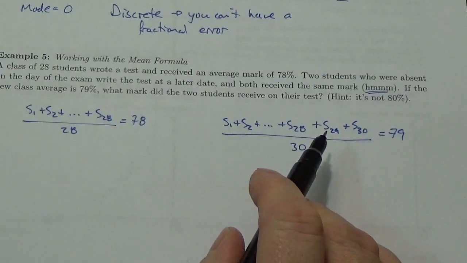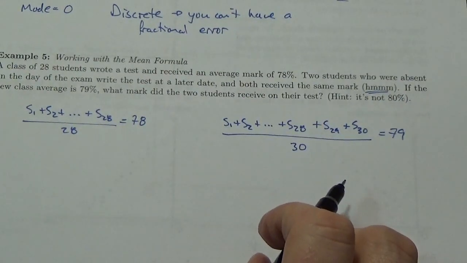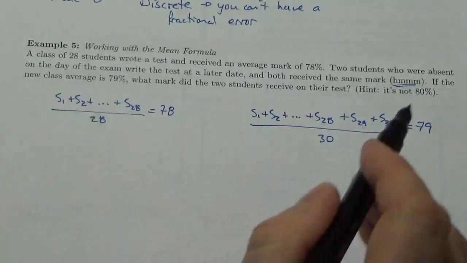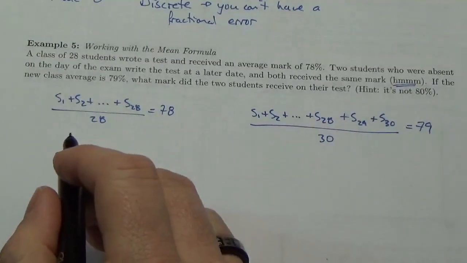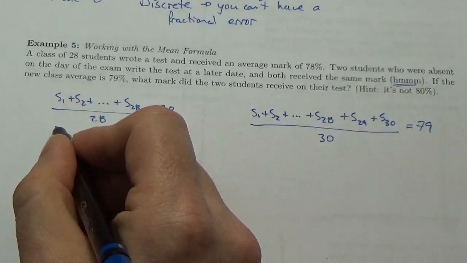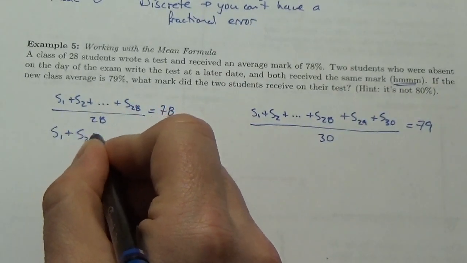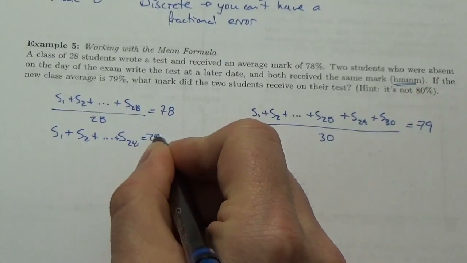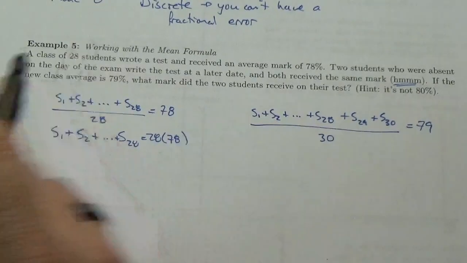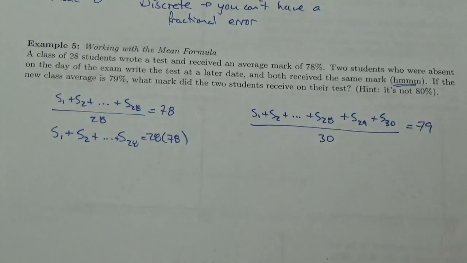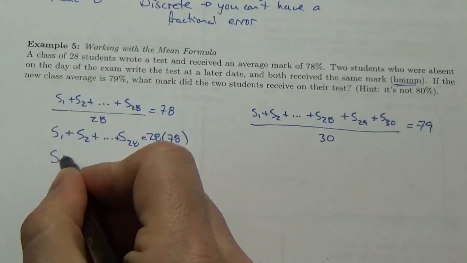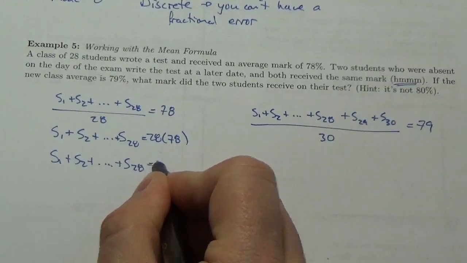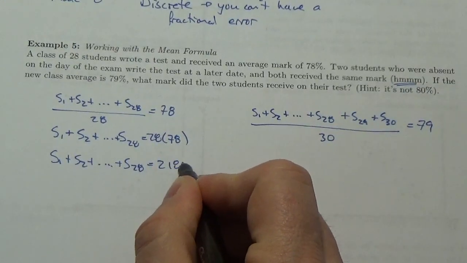So the nice thing is I know those two marks are exactly the same here. Now I'm going to use this information to help me simplify this. Because if I multiply up by 28, S1 plus S2 plus ... plus S28 is going to equal 28 times 78. I'm just going to go on my calculator over here and do that. And so S1 plus S2 plus ... plus S28 is going to equal 2184.